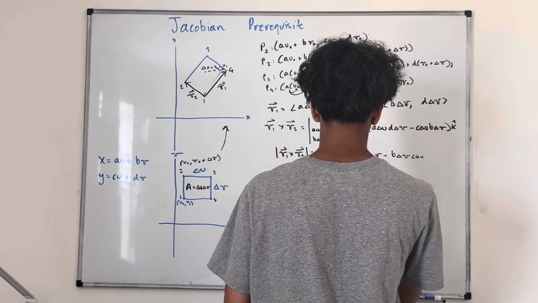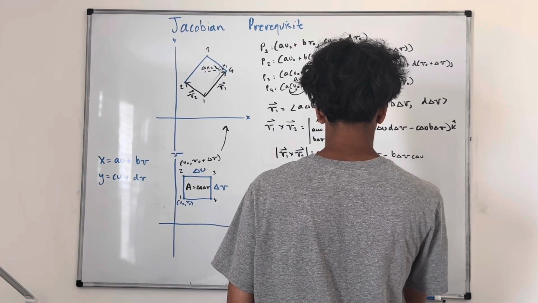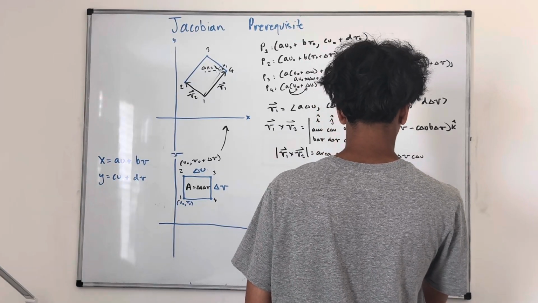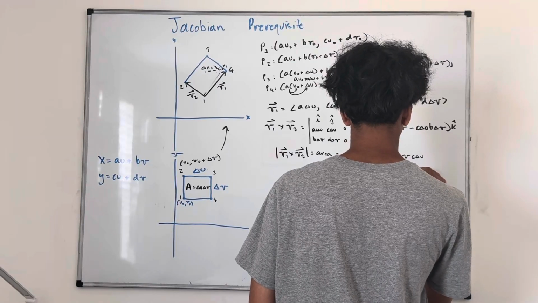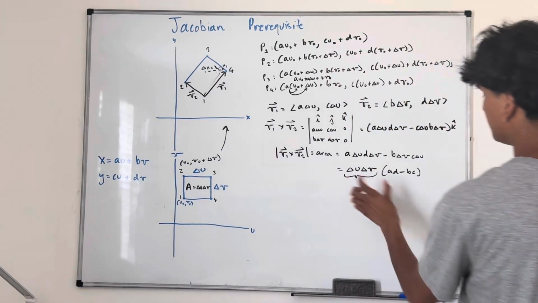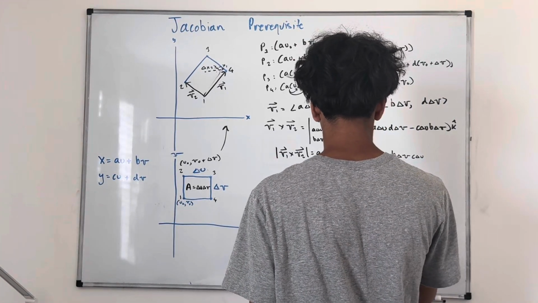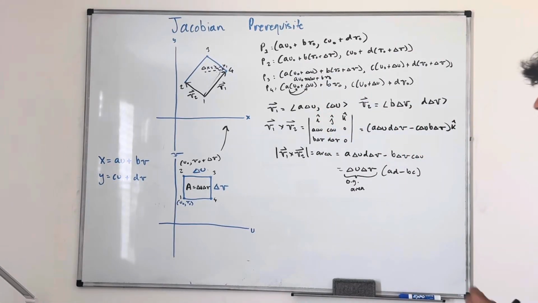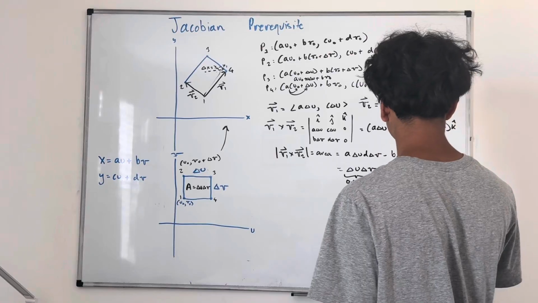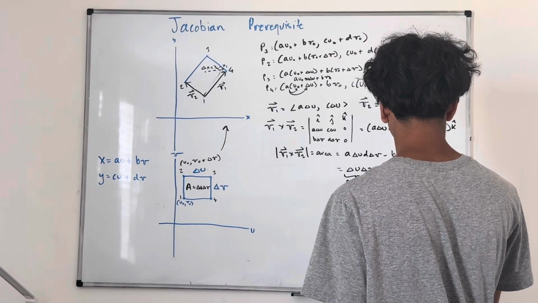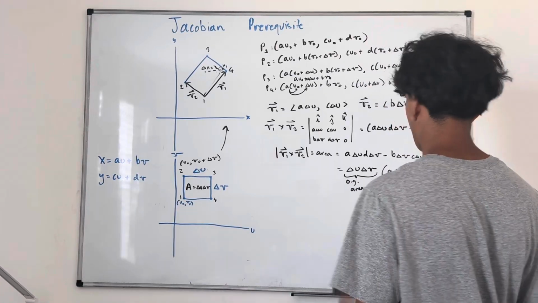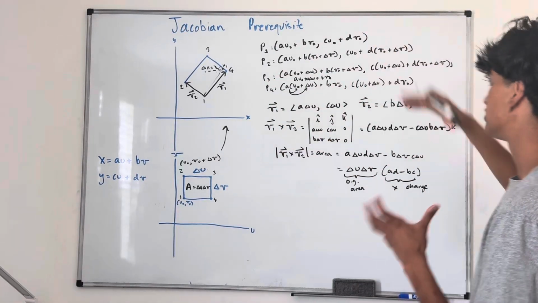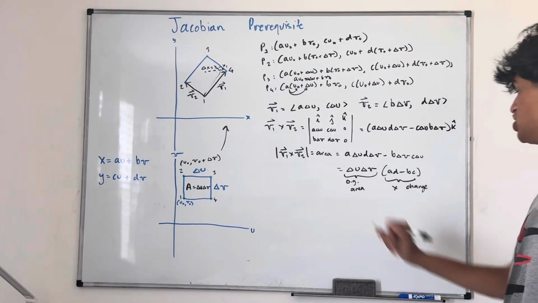So I can factor out delta U delta V. And I kind of spoiled it, you're going to notice AD minus BC. So this right here is the original area, what the area initially was. And then this term right here is the factor change. How much bigger or larger, by what factor did the area change?